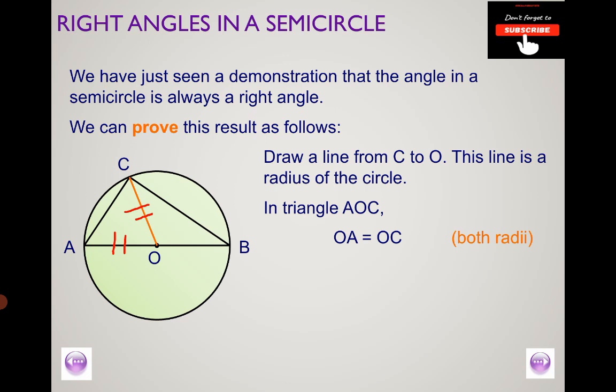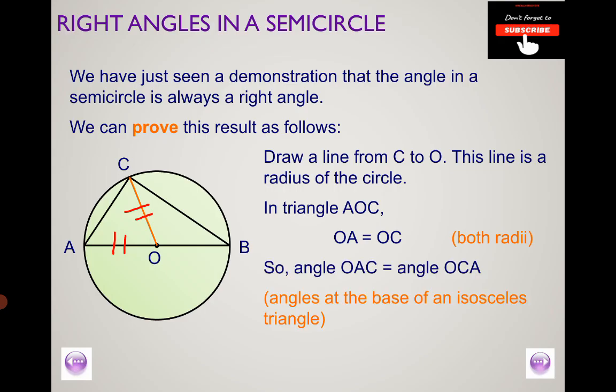Okay, in this triangle AOC, this side is equal to this one. The reason is they are both radii. Radii is plural for radius.